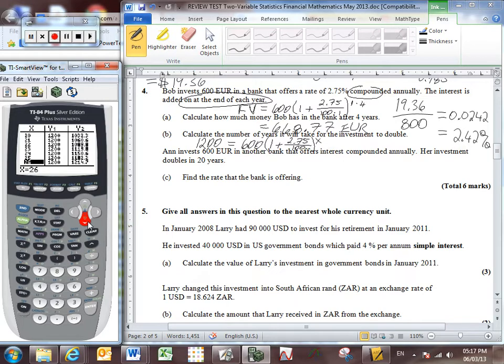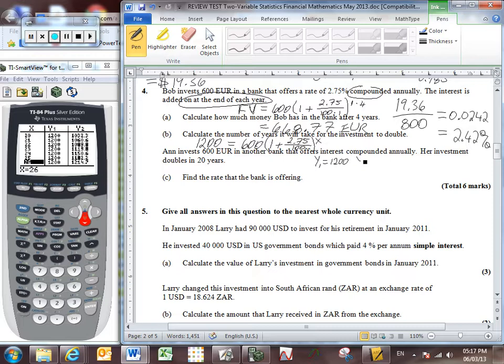Now to show our work for a table then, I'm just going to say what my 2 functions were. y1 is 1200, y2 is that formula we've been using, and then I'm going to include my 25th row where I didn't quite have enough, and my 26th row where I finally get over the amount.